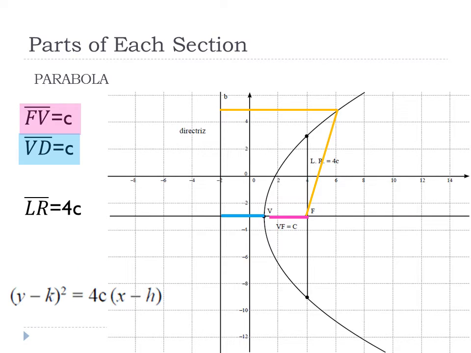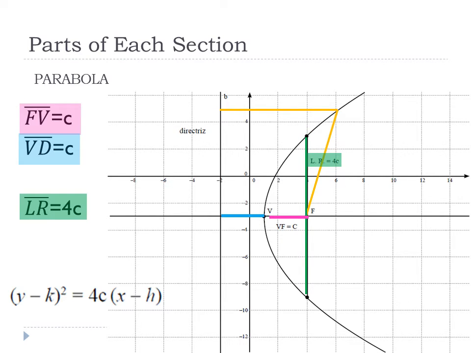So what do I do if I have it the other way around? If I have the graph and want to go to the equation? Well, it's straightforward. The h and k terms, you're going to find from the coordinates of the vertex. But 4c is actually the distance between 2 points that are determined by a line that crosses the focal point.